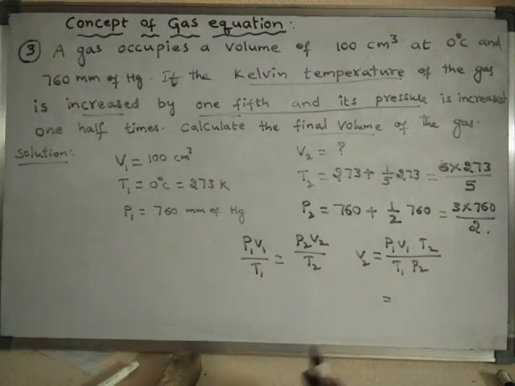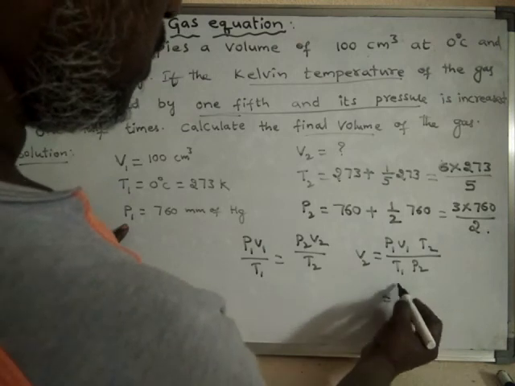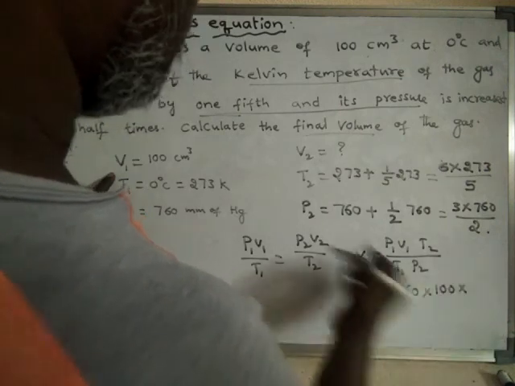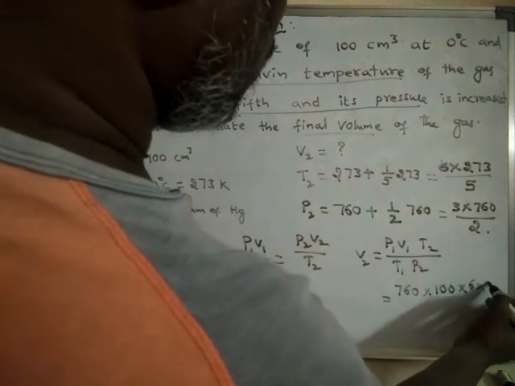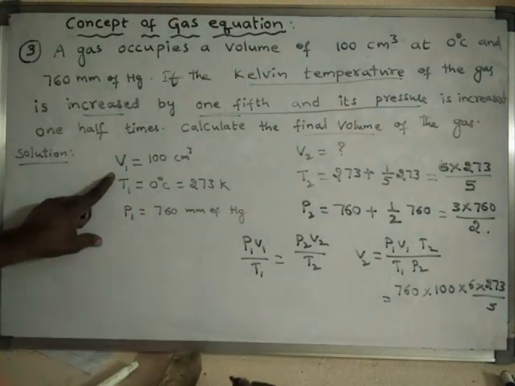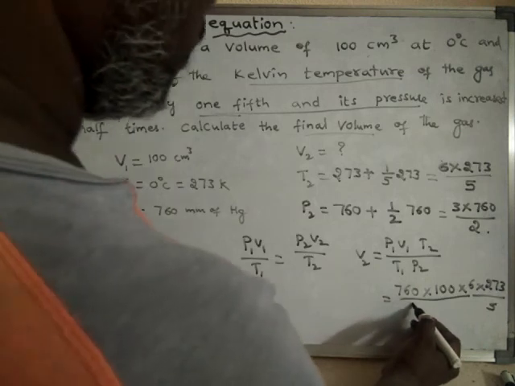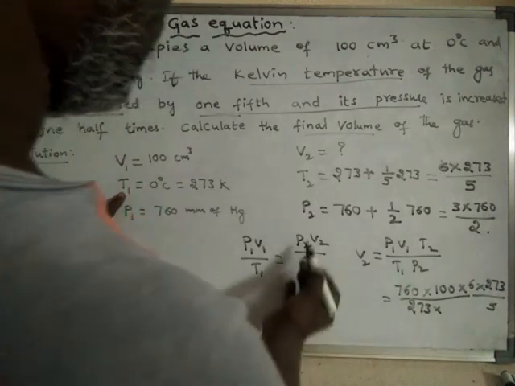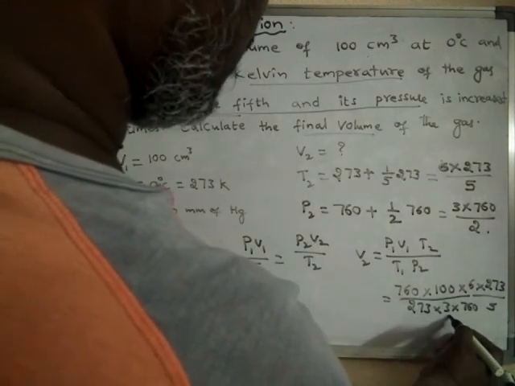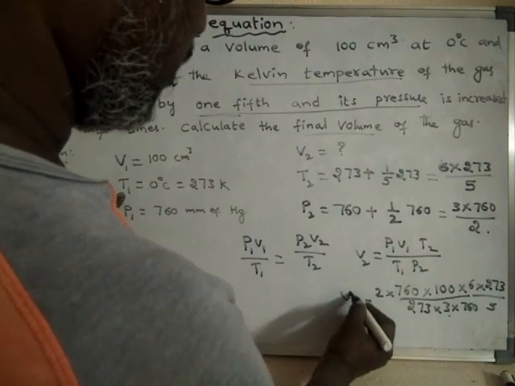What is P1? 760, into what is V1? 100, into what is T2 here? 6 into 273 divided by 5, divided by what is T1? 273, into what is P2? 3 into 760 divided by 2. So this will be V2.